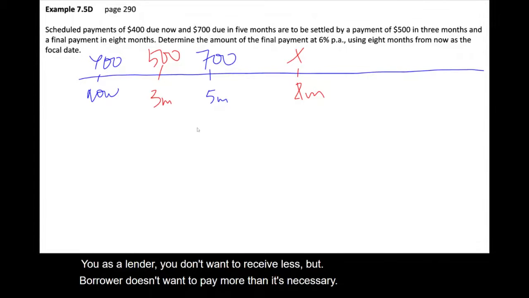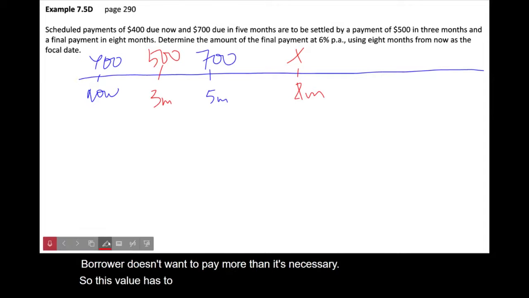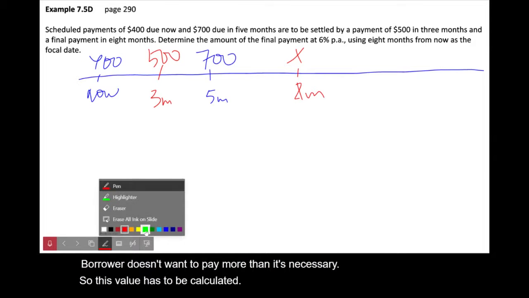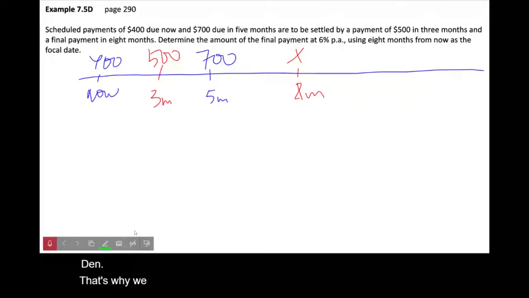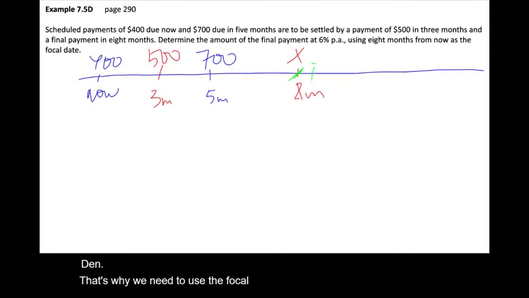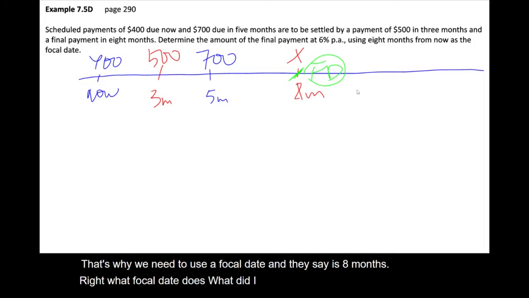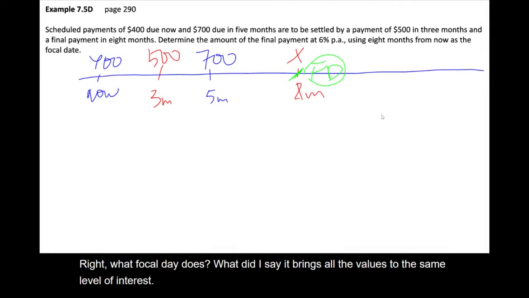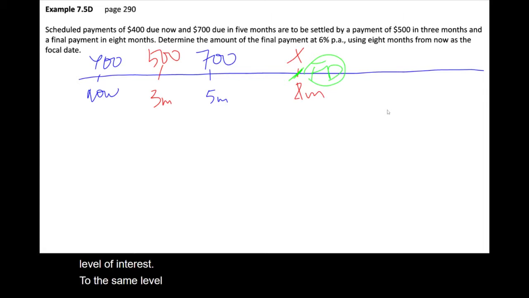So this value has to be calculated. That's why we need to use a focal date, and they say it is 8 months, right? What does a focal date do, what did I say? It brings all the values to the same level of interest.